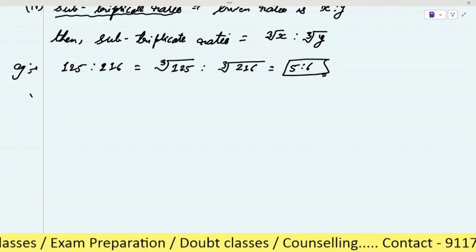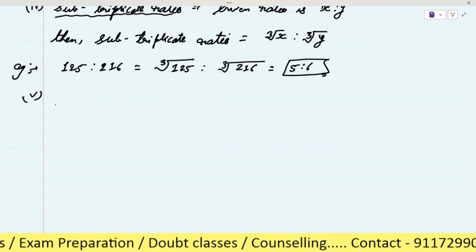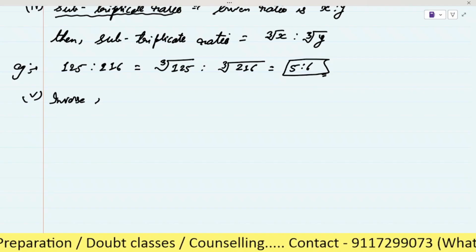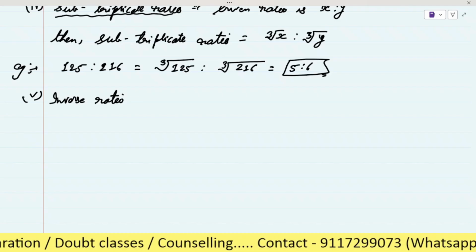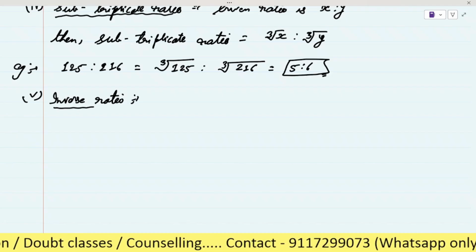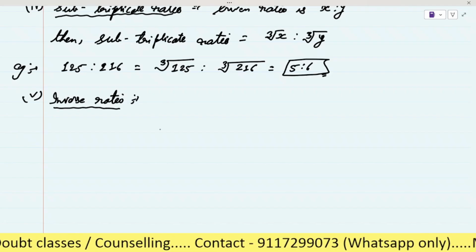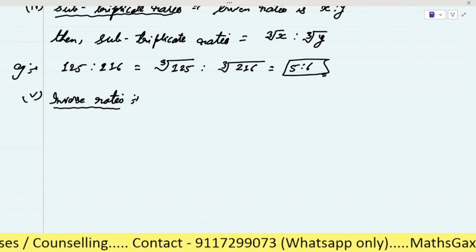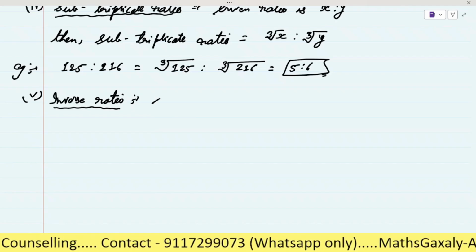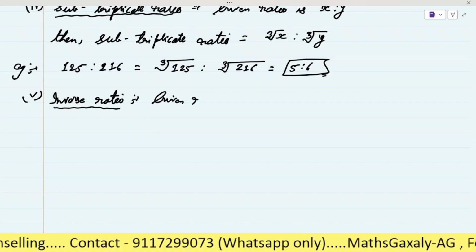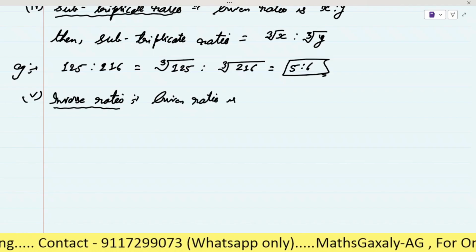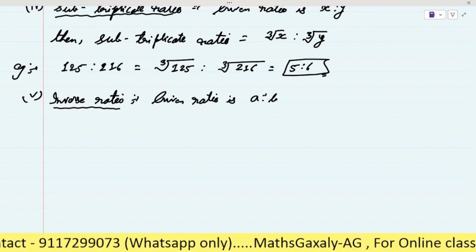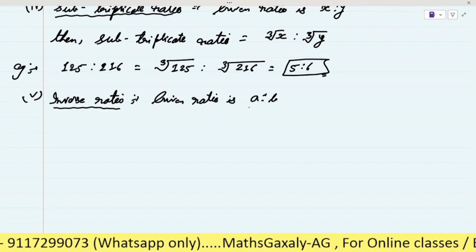Now the fifth one, very important and too easy: inverse ratio. Suppose the given ratio is a is to b or x is to y, whatever you take.